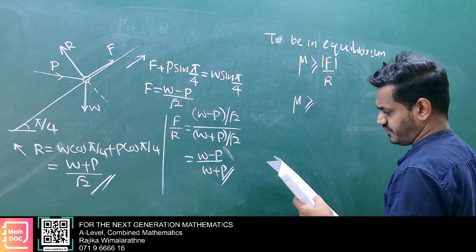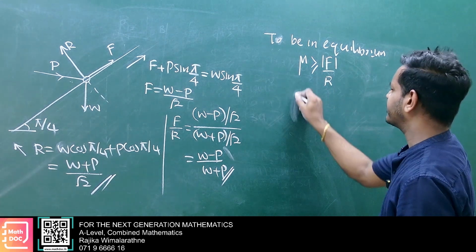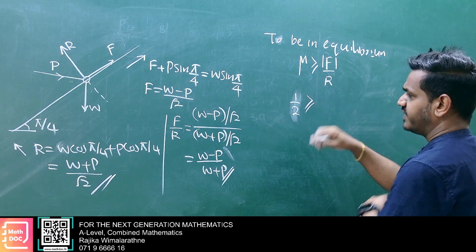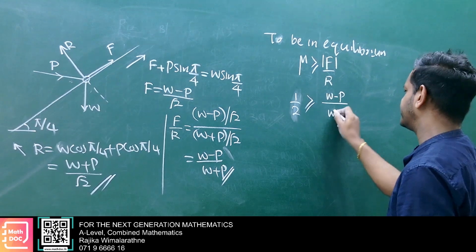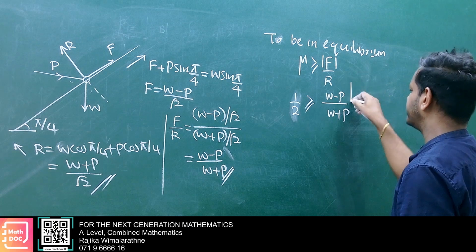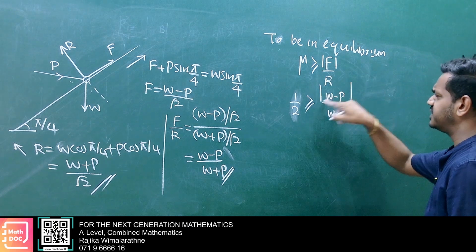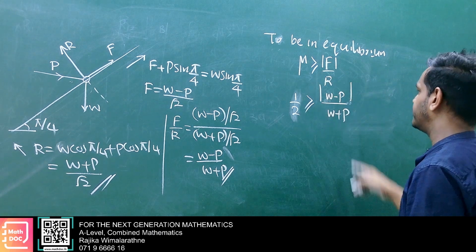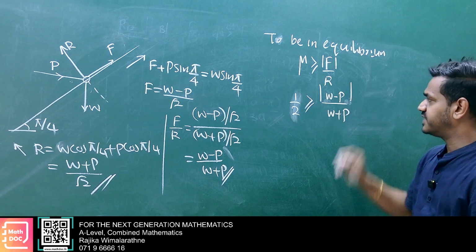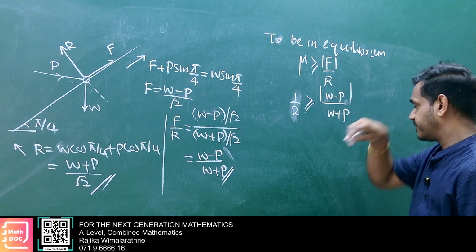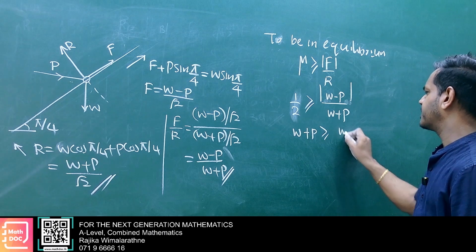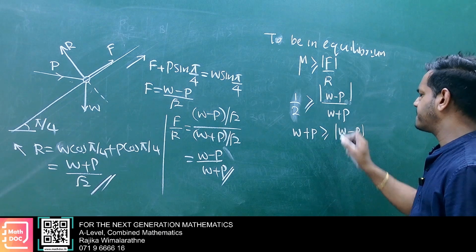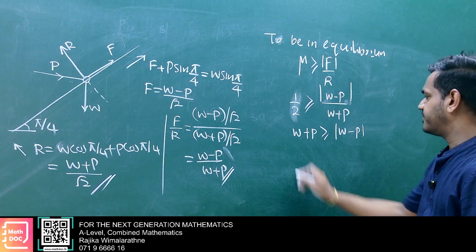Mu value half, modulus F, W minus P, W plus P. Here modulus effect here, because W minus P, this can be positive or negative with the value of P. Then modulus affected here.